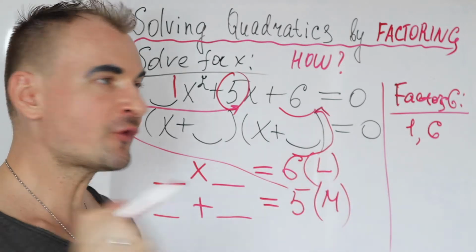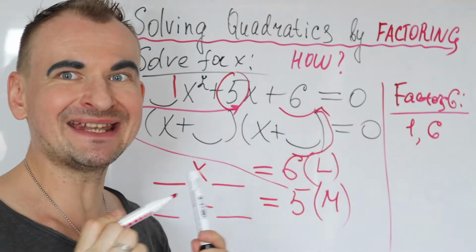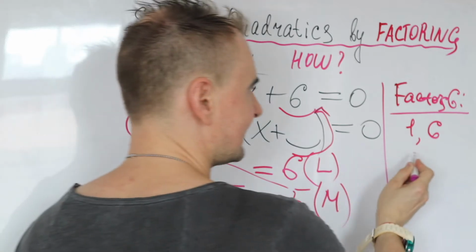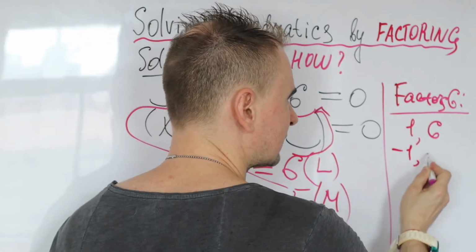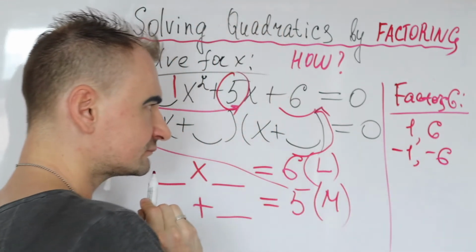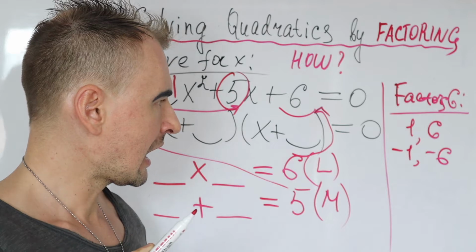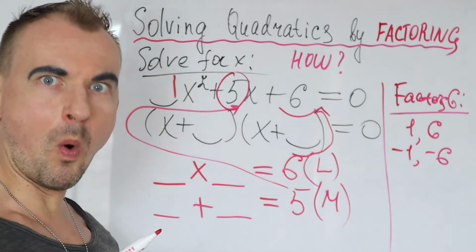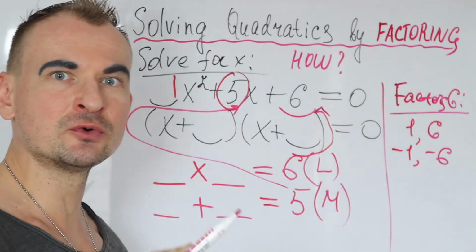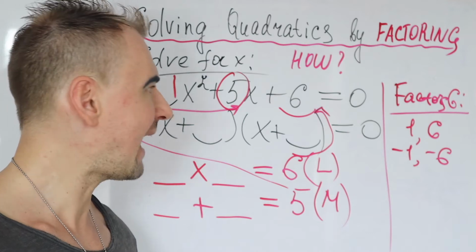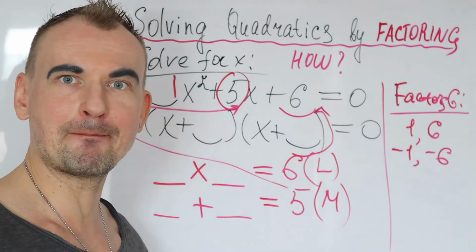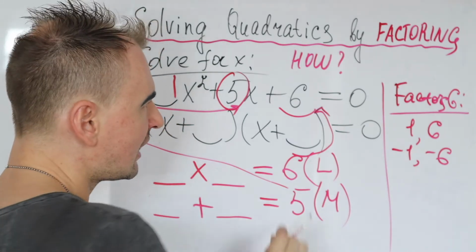Now, don't forget that your numbers can be negative, so just insert negative in front. Let's make the whole list and we can exclude the unnecessary pairs later on.